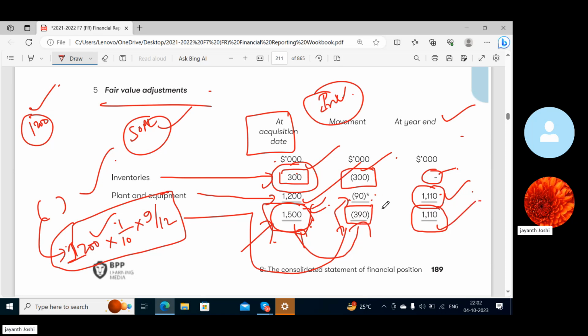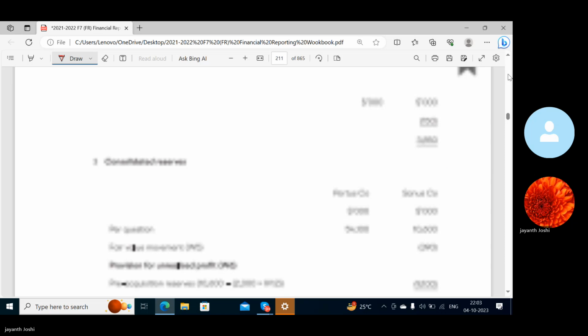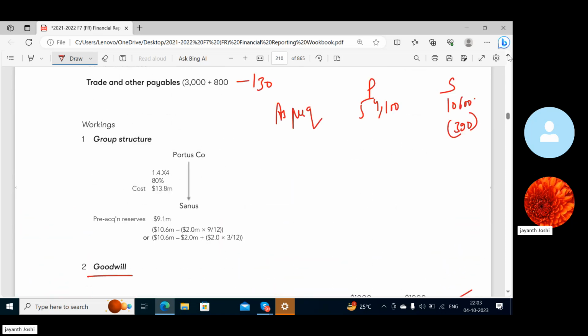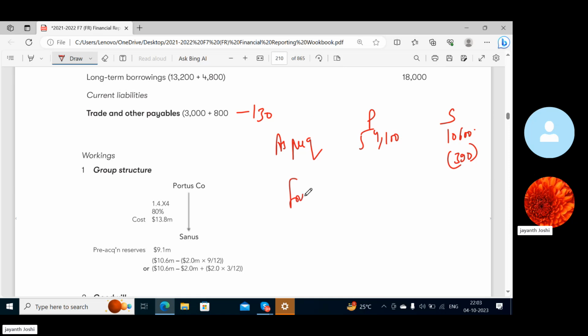So this 390 is nothing but the fair value movement. Any positive movement should be added to the retained earnings, any negative movement should be subtracted. It's a negative movement, which means it has taken the value downwards. Inventory and depreciation. So we will take that. Fair value movement, it is done.